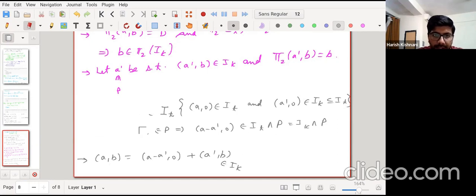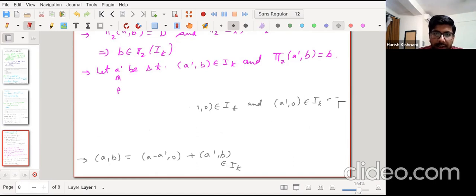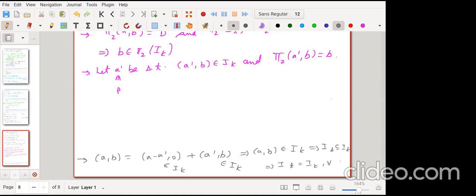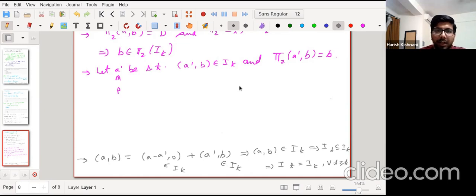We just need to show that (A minus A dash, 0) is inside IK, right? (A dash, B) is inside IK. So if I can show that this is also inside IK, then this implies AB is inside IK, and thus IT is equal to IK for all T greater than or equal to K, right?